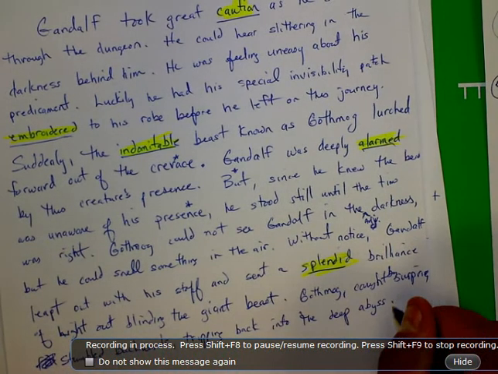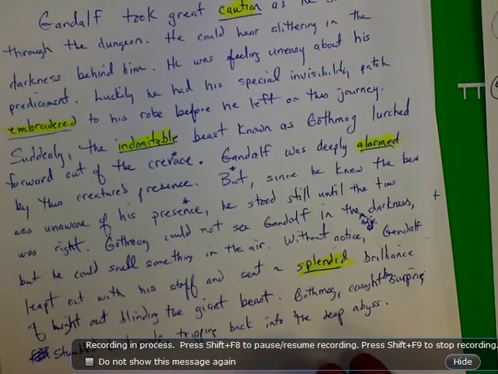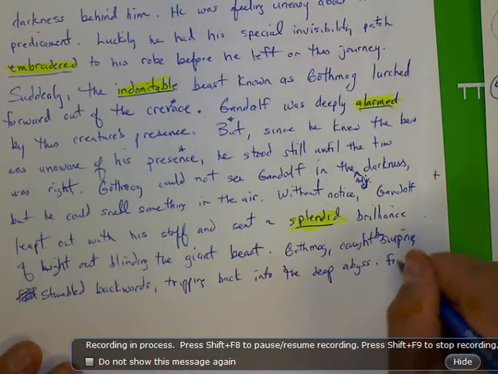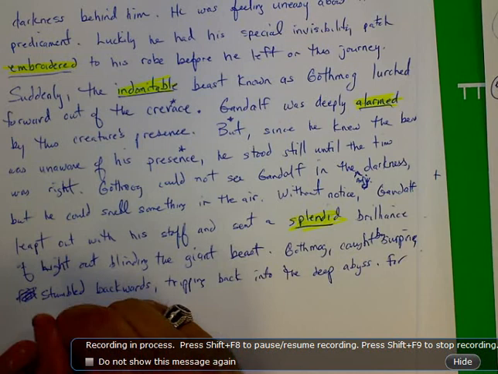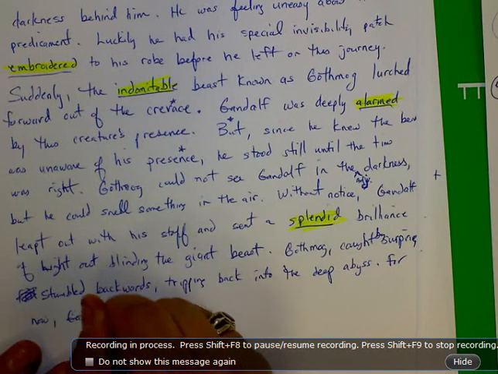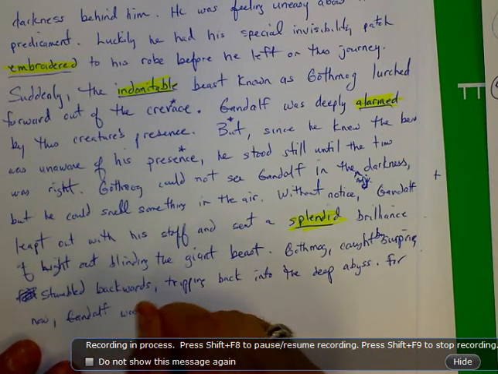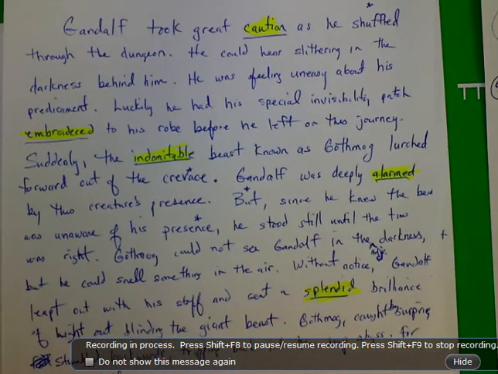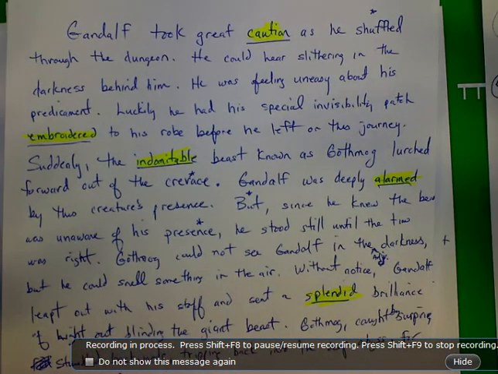Something doesn't look right about that spelling either. Okay. For now, Gandalf was safe. Okay? Now, not a real long story, but actually this would be great at the 7th, 8th grade level.